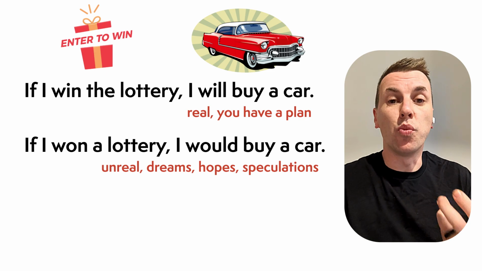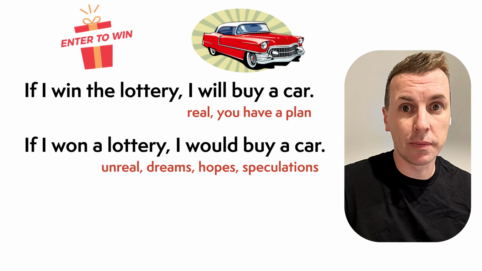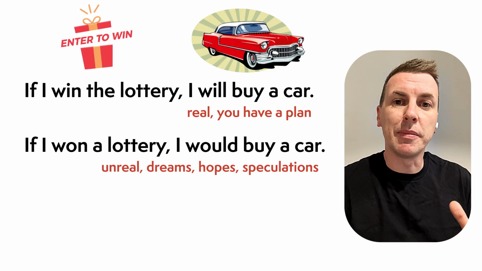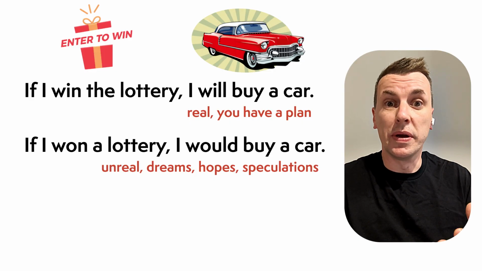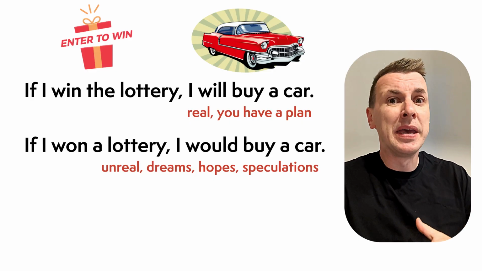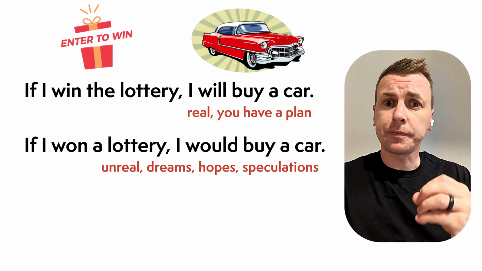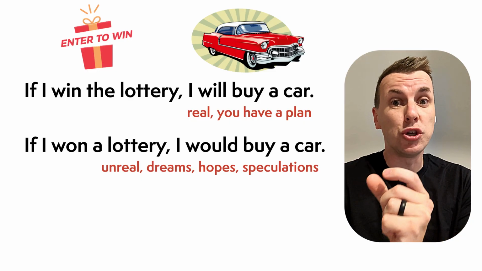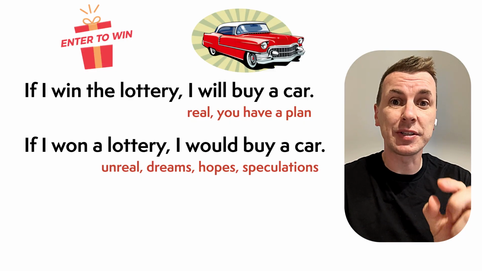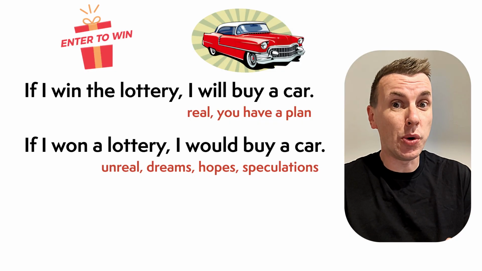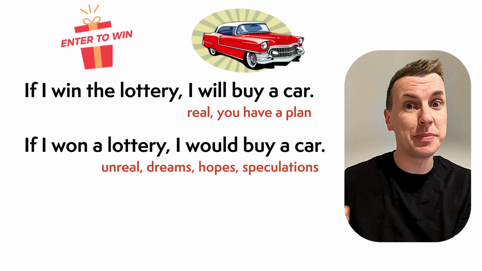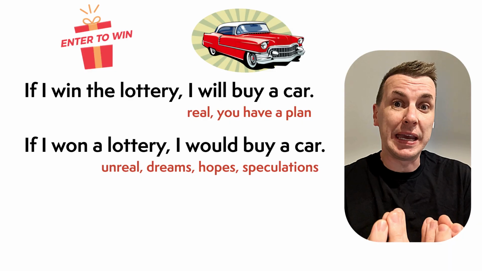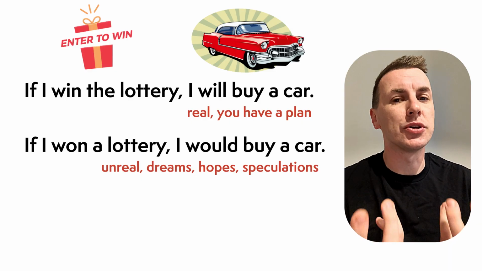You understand that the only way for you to buy a car is to win a lottery. But we all know that it's pretty much impossible to win any lottery. So that's why you say, if I won a lottery, I would buy a car. And we mentioned that the usage of past tense in conditional two is not about the fact that you're speaking about the past, but it refers to the idea that something is quite unreal.